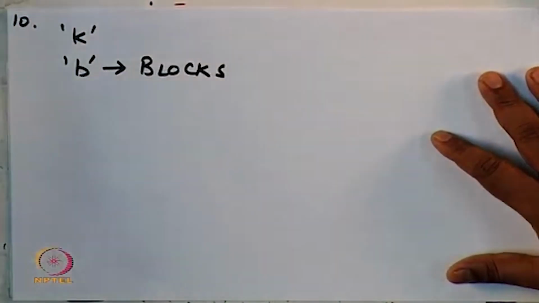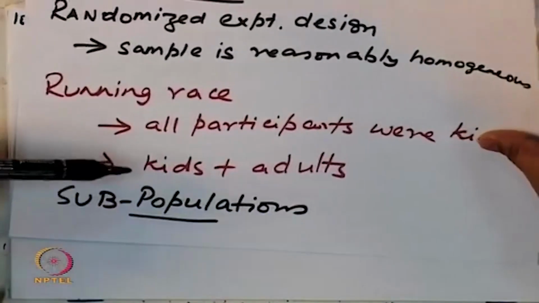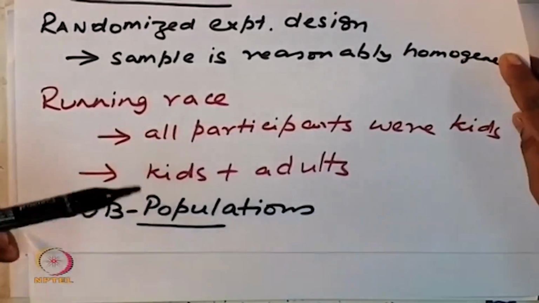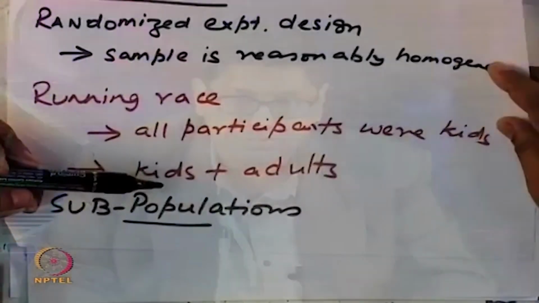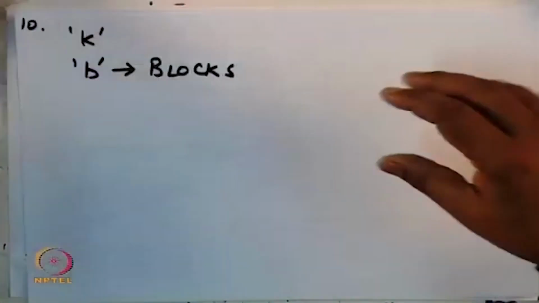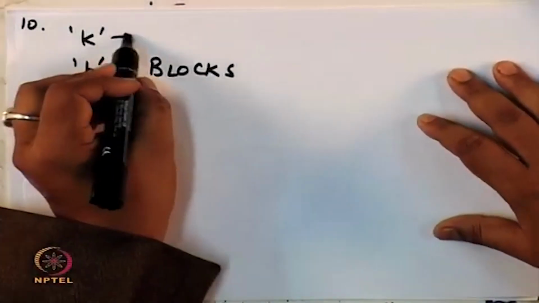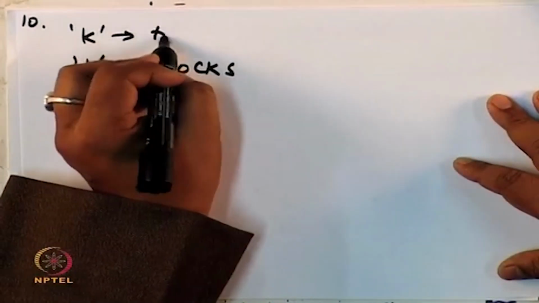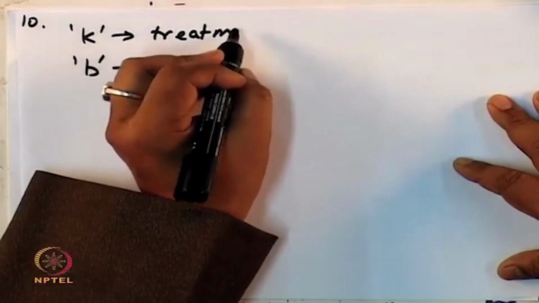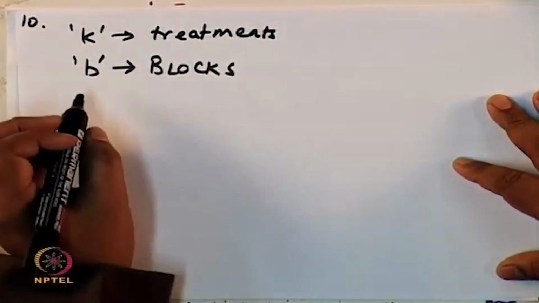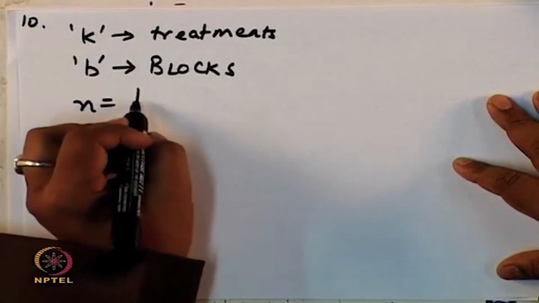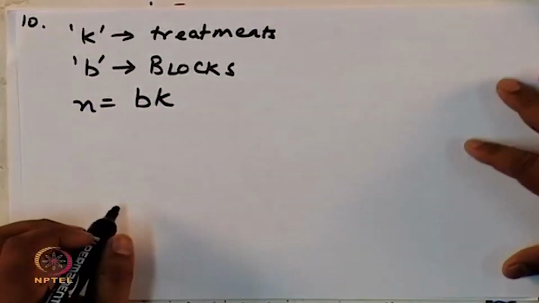For the previous case, you can imagine dividing your participants based on age, so each age would be a block. So there are b blocks and k treatments, and n equal to b times k is the total sample size.